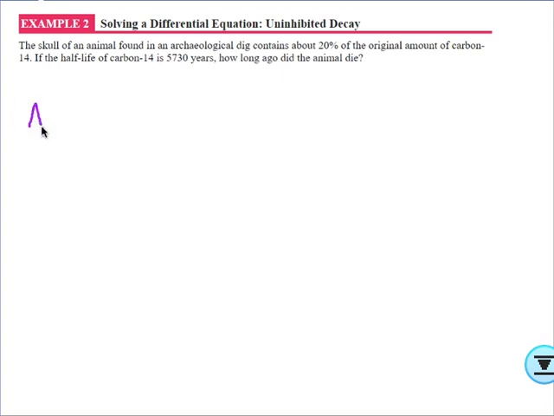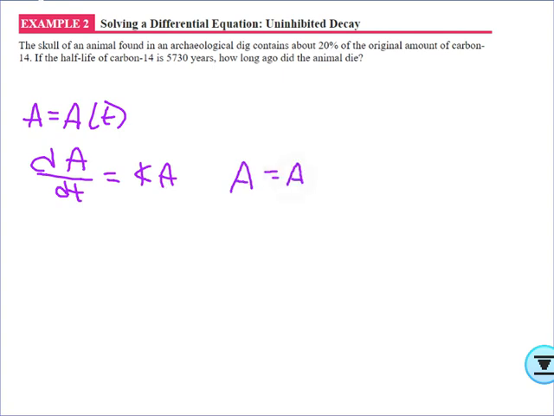So they're giving me information so that I can find the constant for my half-life. So if I have A equal to A of t, it's going to satisfy this equation. Okay, so the solution for that is going to be just like our other one, A naught e to the kt.